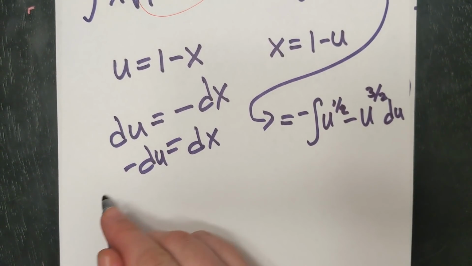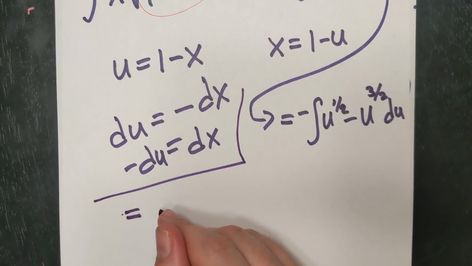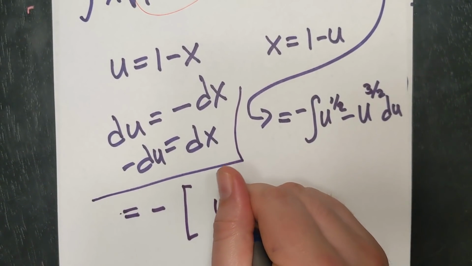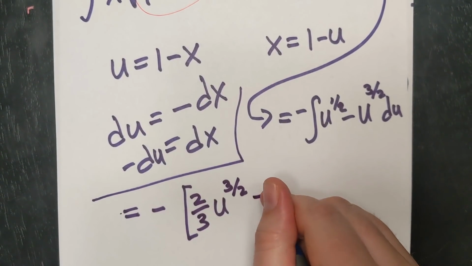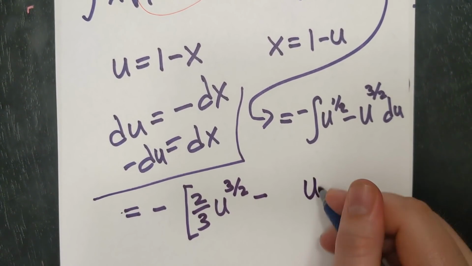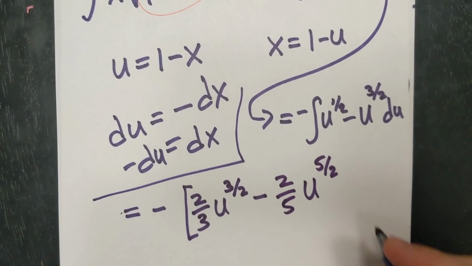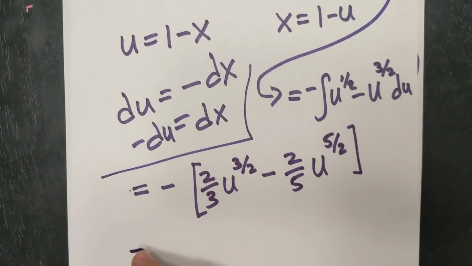This just comes out to be equal to negative, bump up u to the half, u to the 3 halves, 2/3 u to the 3 halves, minus bump up 3 halves, so u to the 5 halves, 2/5 u to the 5 halves. I will just go ahead and distribute my negative.